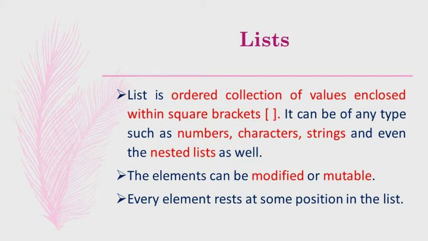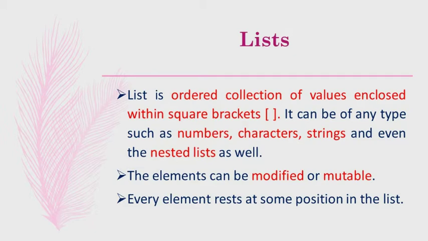And the second point, the elements can be modified, or mutable, which means the elements can be replaced. You can modify the elements that you declared in the list. So it is mutable.